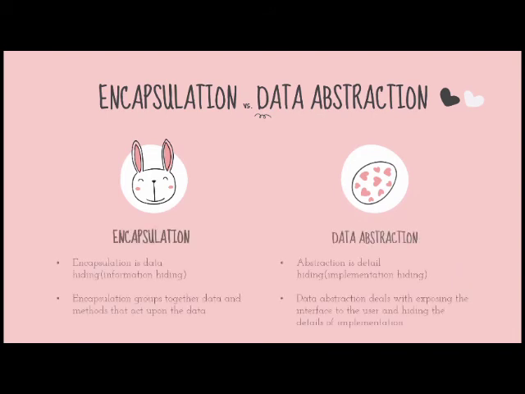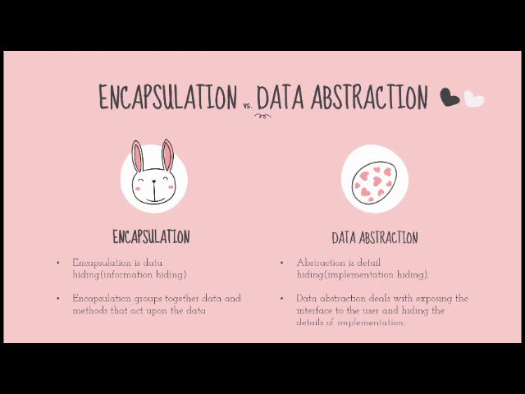Encapsulation versus data abstraction. Encapsulation is data hiding or information hiding, while abstraction is implementation hiding. Information hiding describes the idea of bundling data and methods that work on the data within one unit, a class in Java, while implementation hiding is the idea of hiding the inner workings of the function from the outside world.